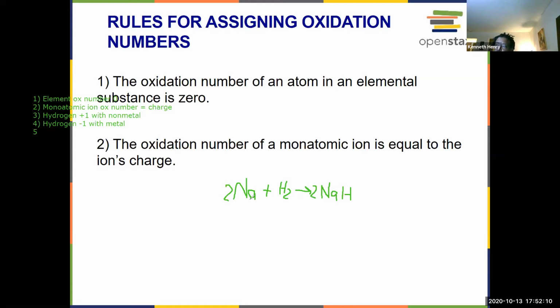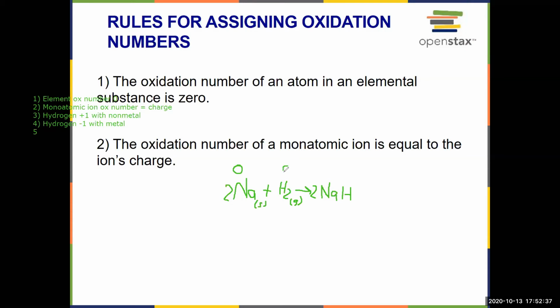Okay, so then in this case, hydrogen is going to go from, so this is an element, and this is an element. So what are the oxidation numbers? 0. And this guy's oxidation number? 0.